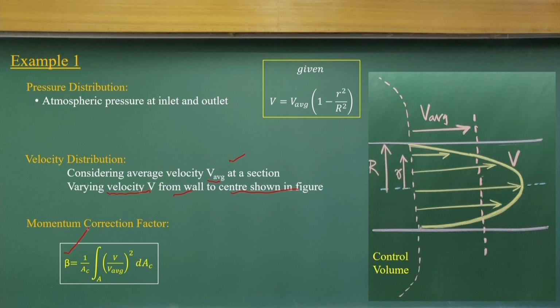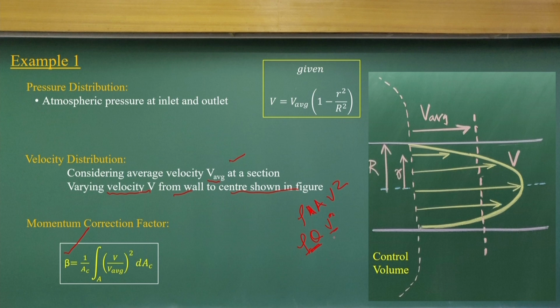If you remember the definitions, what is the momentum flux? Rho A V squared, or rho Q V. Rho Q is my mass flux, and V is the velocity. Mass flux into velocity is the momentum flux.